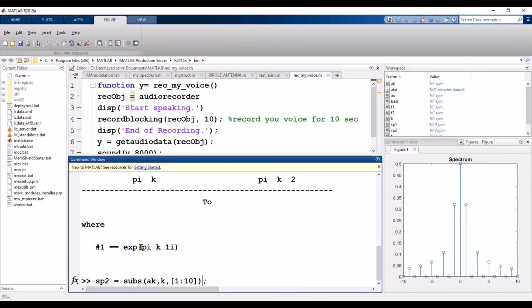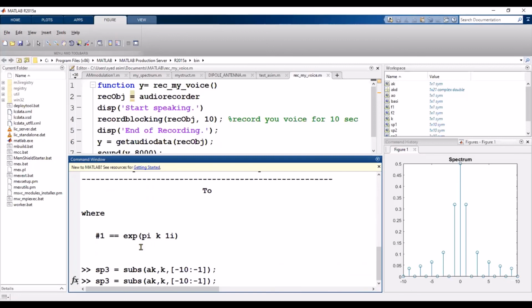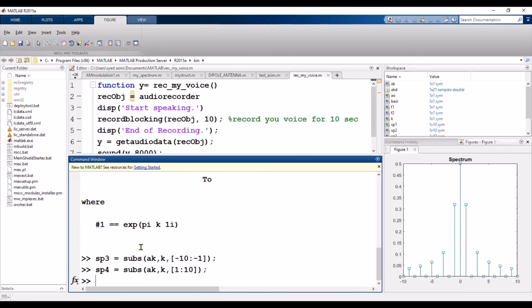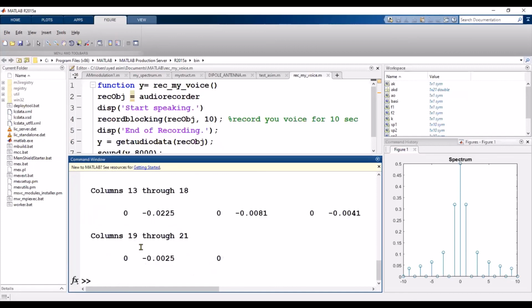Now I'm going to calculate the function SP3. We have AK, again this minus 10 to this, and SP4, let's suppose this, and AKD, again SP3 and SP4 from minus 10 to 10 to plot the spectrum, and simply enter.